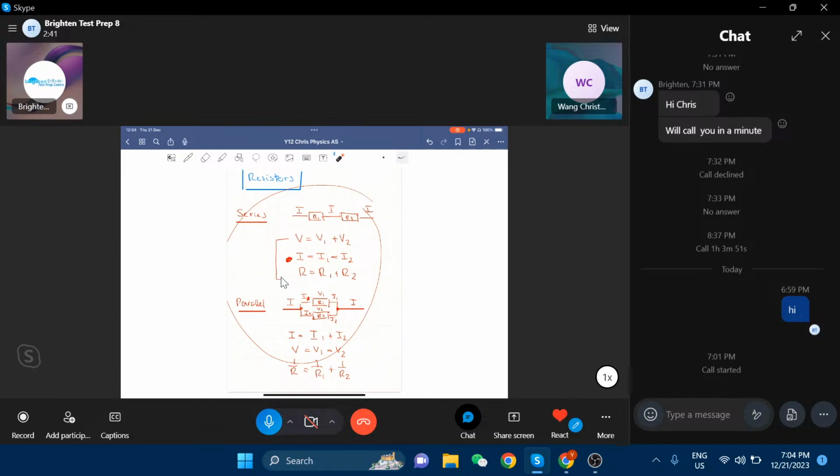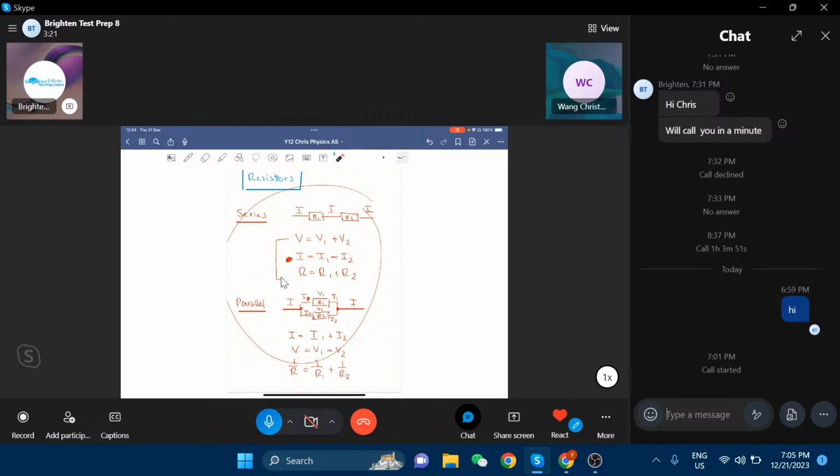Okay. Then what about parallel? Current is split up. I think I should say the sum of the currents in each loop is equal to the current from the main cell.